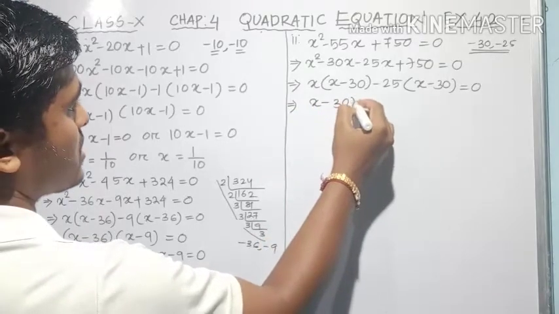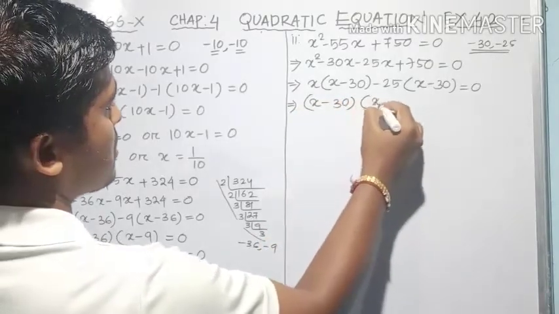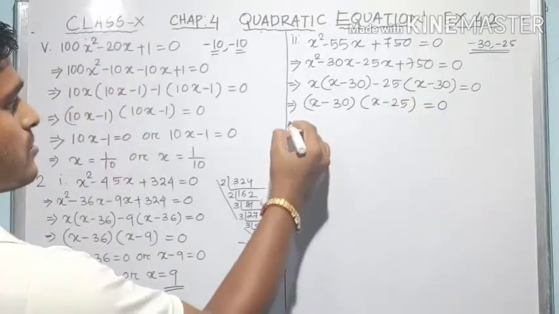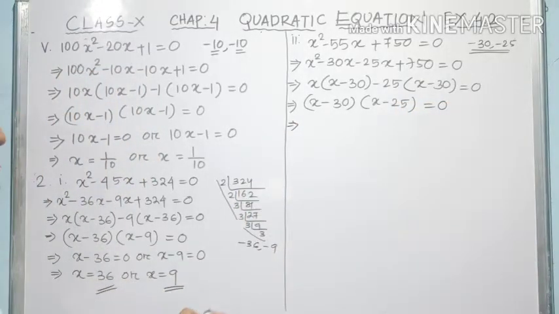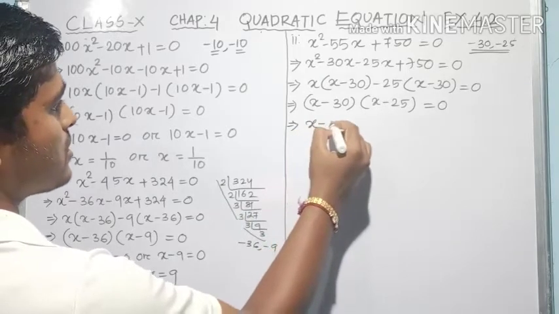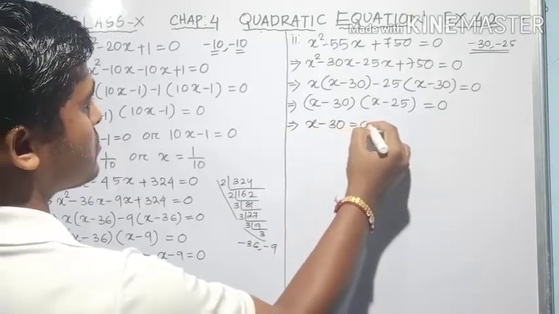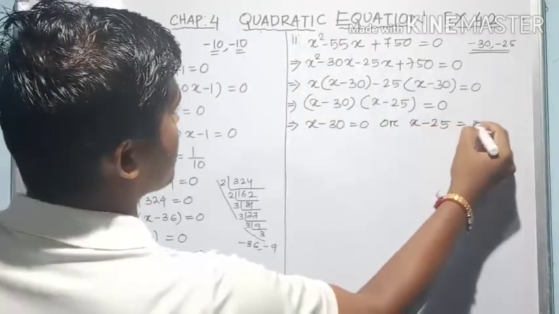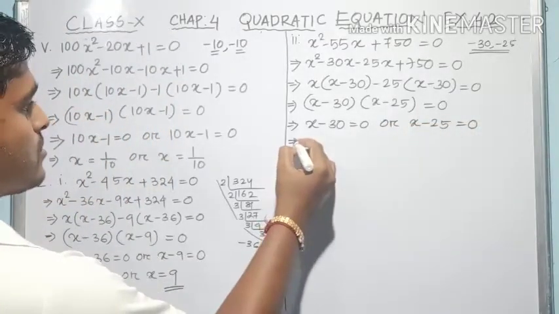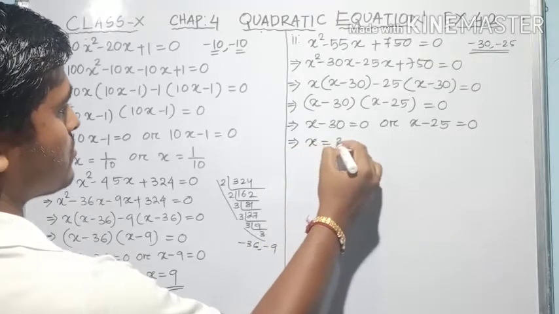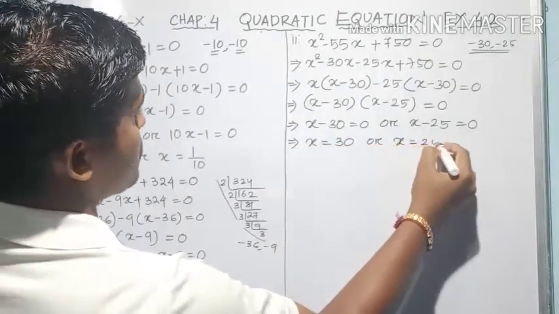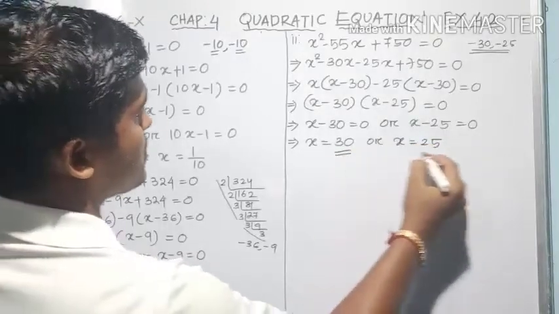Now the two factors are x minus 30 and x minus 25. Equating each factor with 0, we get x minus 30 is equal to 0 or x minus 25 is equal to 0. Implies that x is equal to 30 or x is equal to 25. So these are the roots.